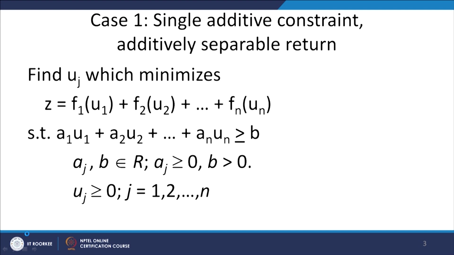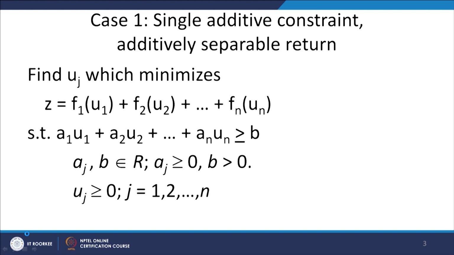So first of all, let us look at this simple problem, which is the case of a single additive constraint and additive separable returns. Suppose the ui's are the decision variables, to be determined in such a way that they minimize the function f1(u1) plus f2(u2) and so on up to fn(un).